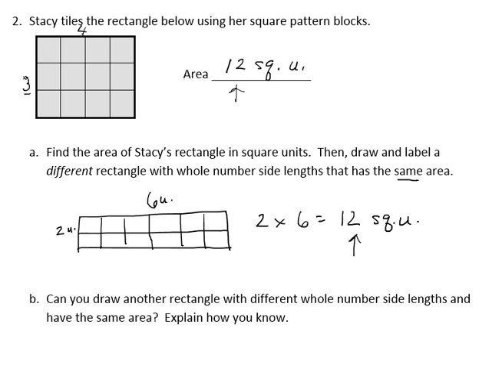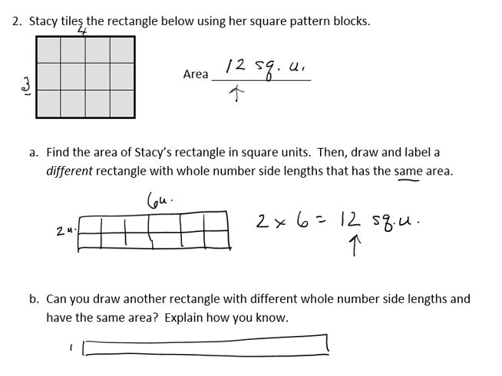This time I'm going to draw a rectangle that has 1 for its length and 12 units for its width. And since 1 times 12 equals 12, I know that the area of this rectangle is also 12 square units.